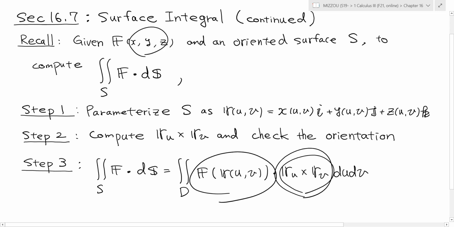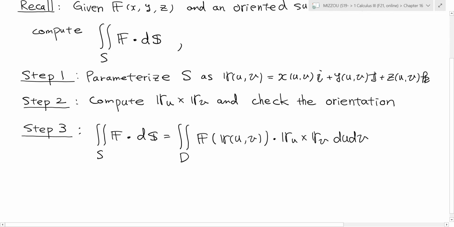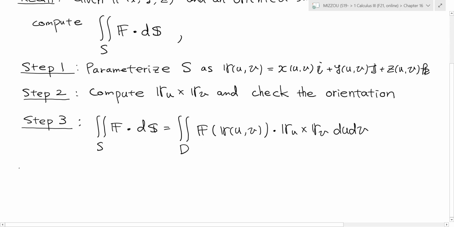You get a function of u and v, then take the dot product, which gives you a scalar valued function of u and v, and then you just double integrate that scalar valued function over whatever domain D you have for u and v. Like I said, I'm going to work out more examples in this video.